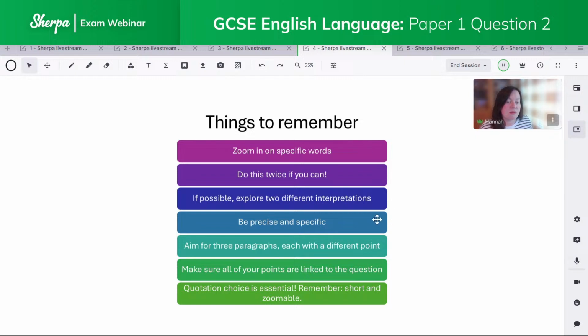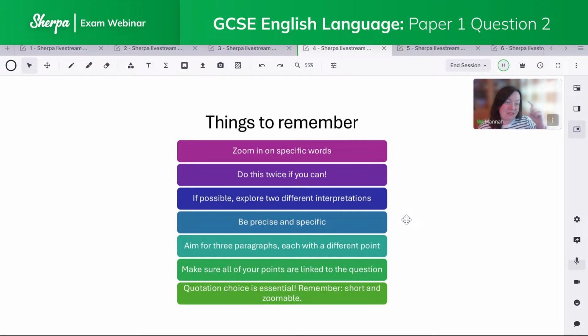This middle blue box, be precise and specific. We don't want massive, huge, long answers. We don't want you to fall into the trap of thinking that the longer the answer, the better the answer. That is not the case, believe me. You can write for a whole page and sometimes there is nothing or not very much that you can give credit to.